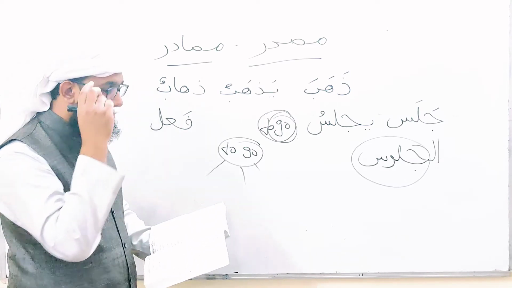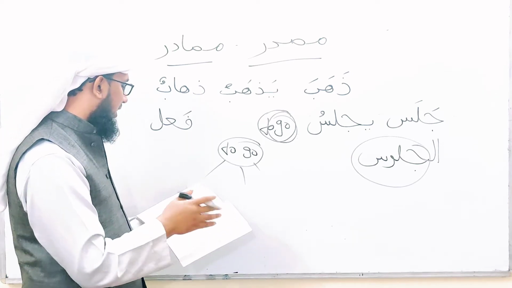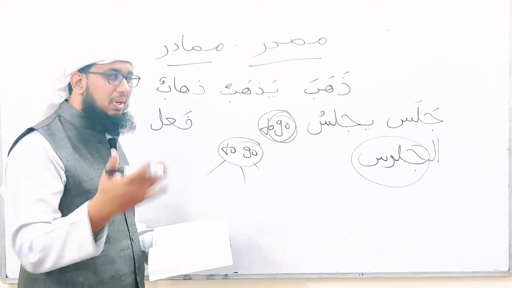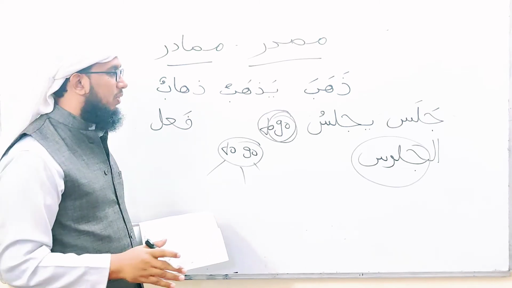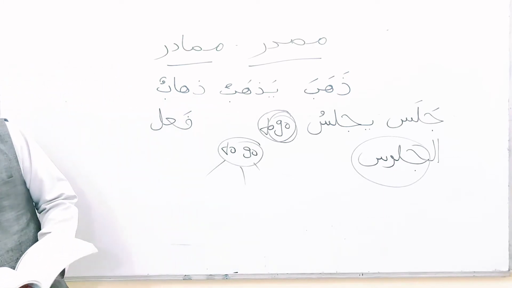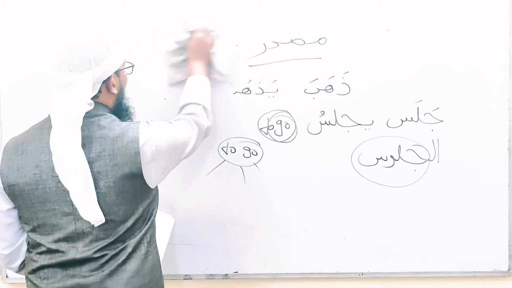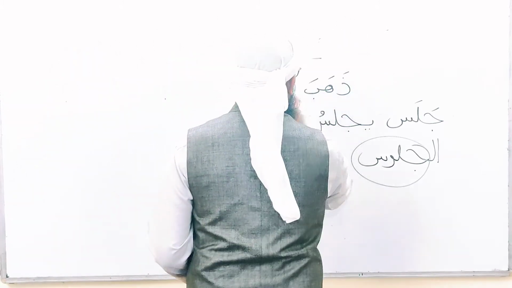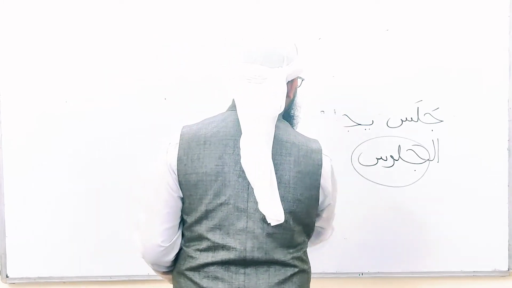Okay, fu'ulun, fa'alun, fi'alun, like ilmun and fi'lan, etc. So we will have to memorize it. There is no shortcut. Likewise, we will be looking at some of the masdar based on what type of verb it is. For example, fi'al madi has many types with regards to the number of letters it has.